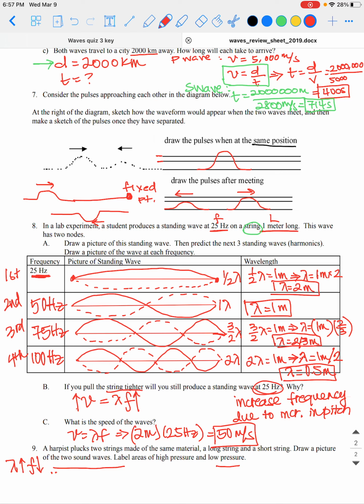and a lower frequency means that the sound waves would be a lot more spread out, versus a shorter string where we would have a lot closer together frequency due to the higher pitch.